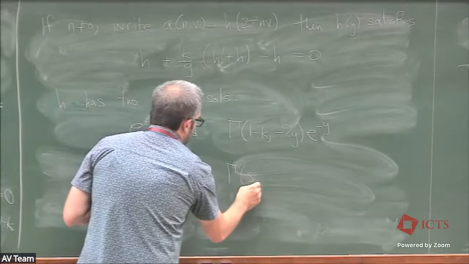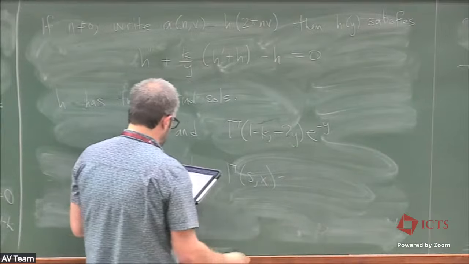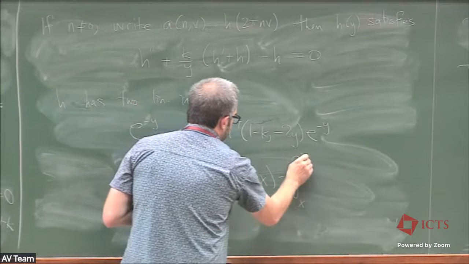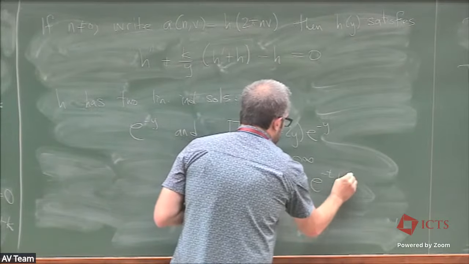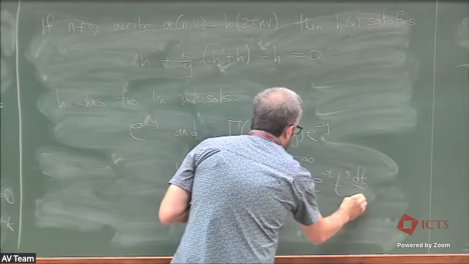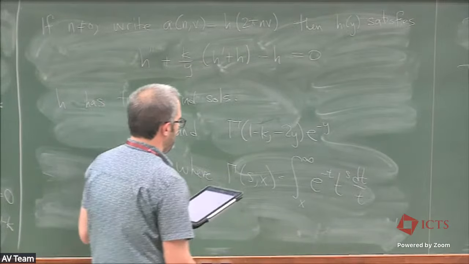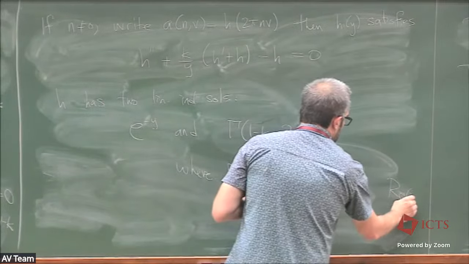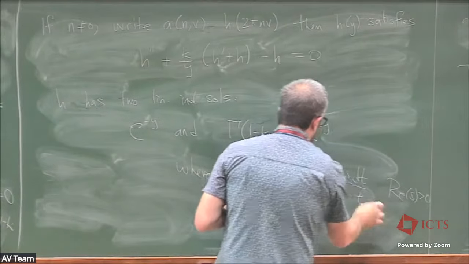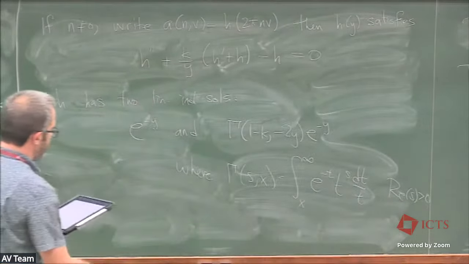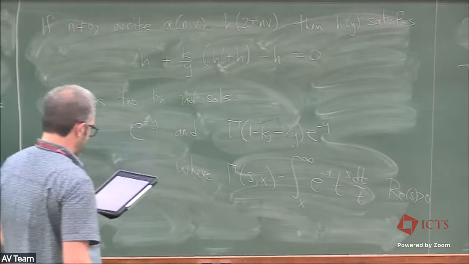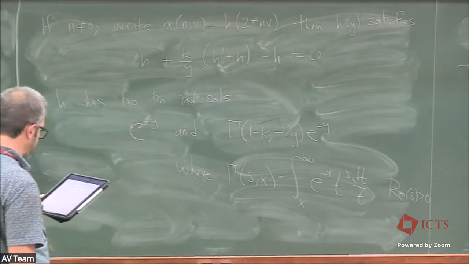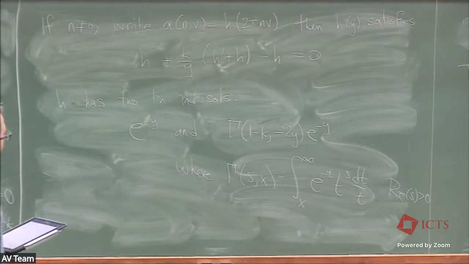Γ(s, x) is the incomplete gamma function, the integral from x to infinity of e^(-t) t^s dt/t. I think we want the real part of s to be bigger than 0 for this integral to converge, though this function has an analytic continuation to the whole complex plane. So it just isn't defined like that if the real part of s is negative.